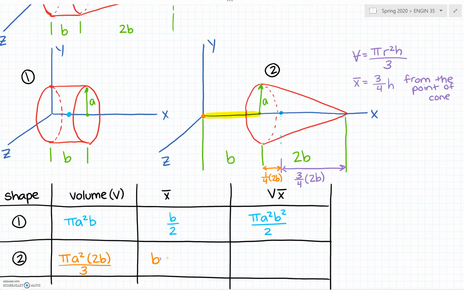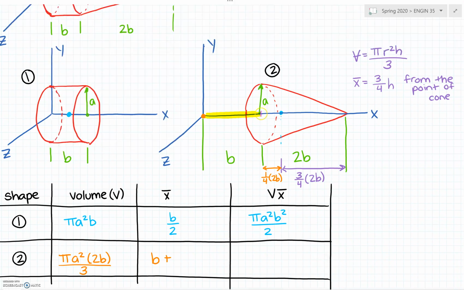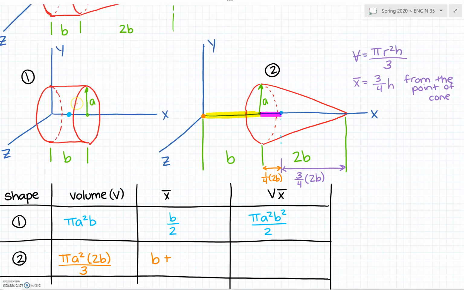So it's going to be b plus, from the base of the cone to our centroid, it's going to be this distance right here, which we wrote down there is 1 over 4 times 2b. So if we add this up, we get 3b over 2 as our centroid.